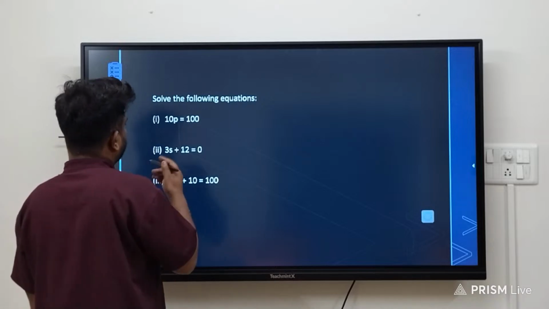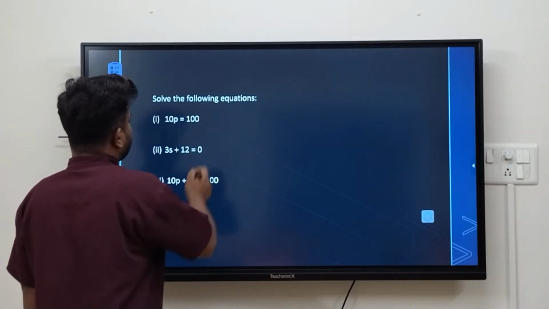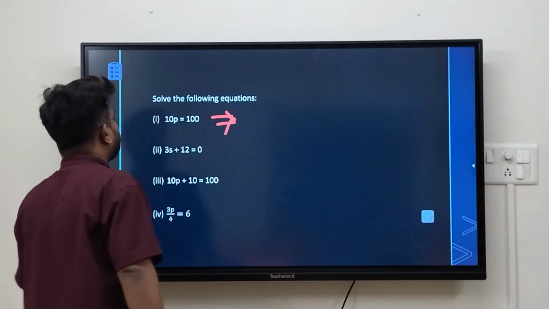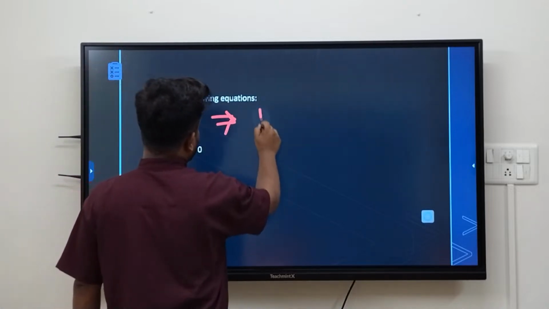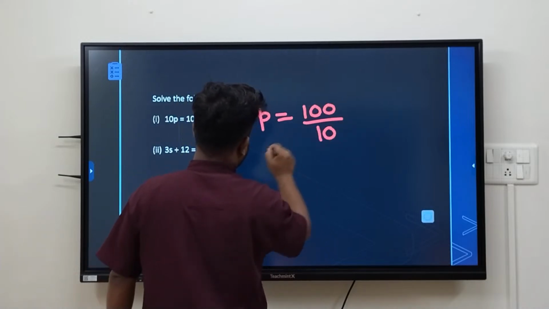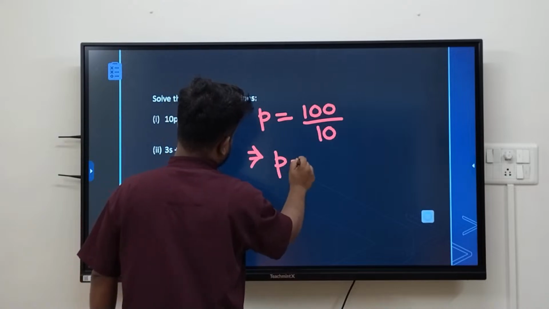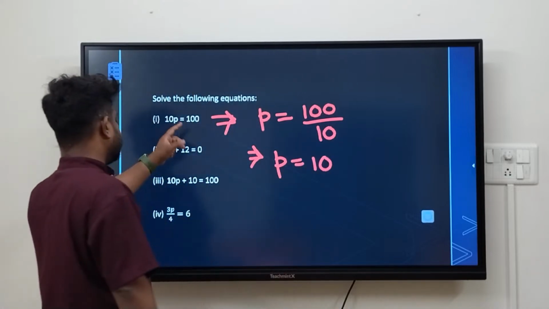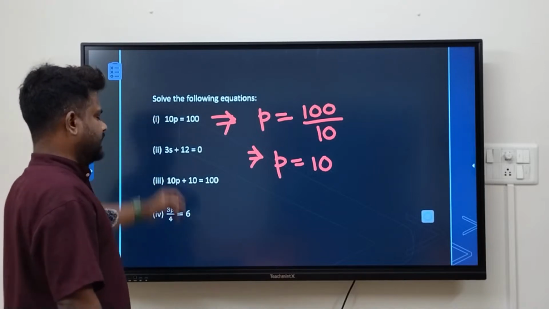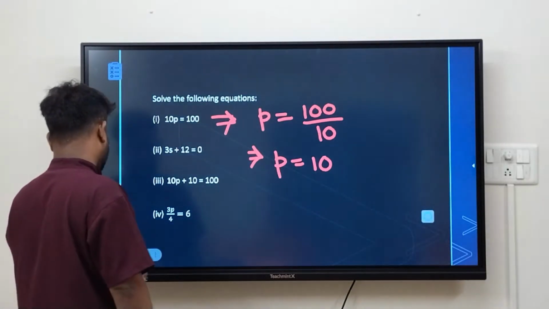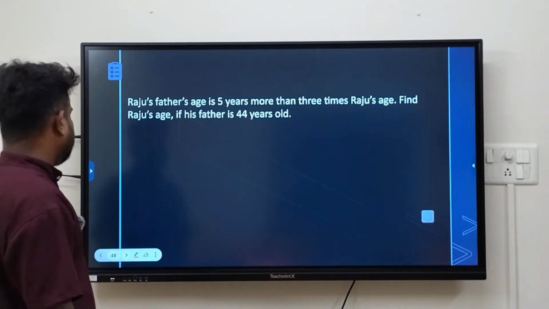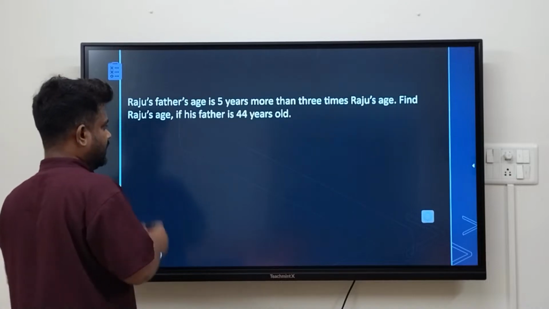If we want to use flowchart method, we can use it on these as well, but instead of doing flowchart method, we can just use the transpose method to make it look like this and solve the answers. Okay, so the first one's answer will be like this. And you guys can try the rest of these three at home or in your free time whenever you want. Okay, the solutions are given here. You guys can verify it.